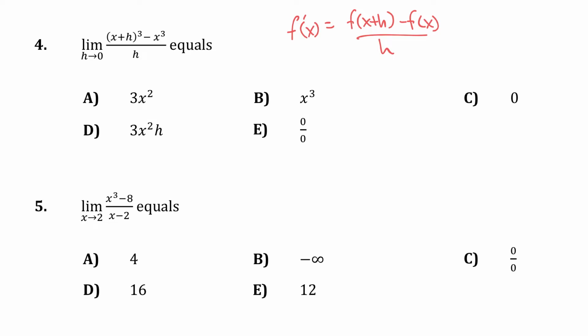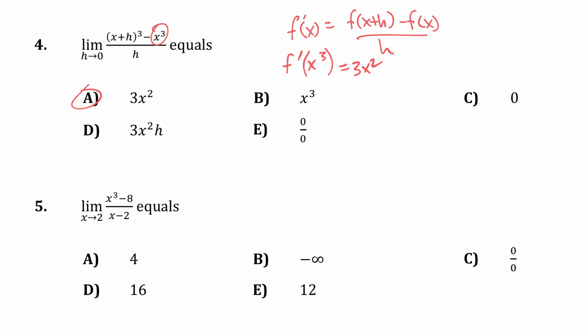So f of x is hiding right there, x to the third. Then what we're really looking at is f prime of x to the third, which is 3x squared. And that is a.